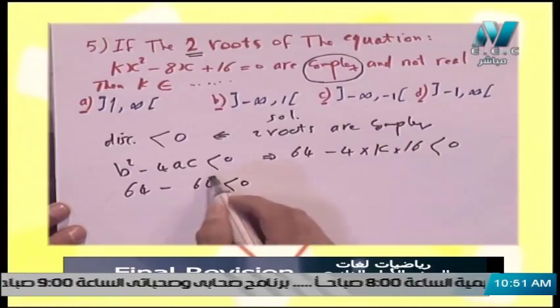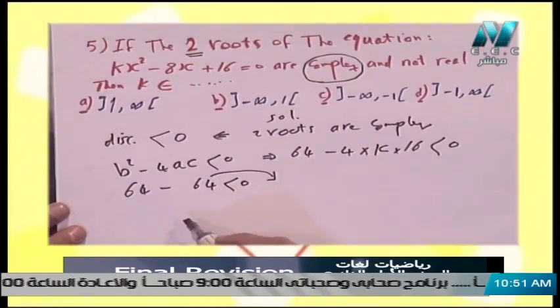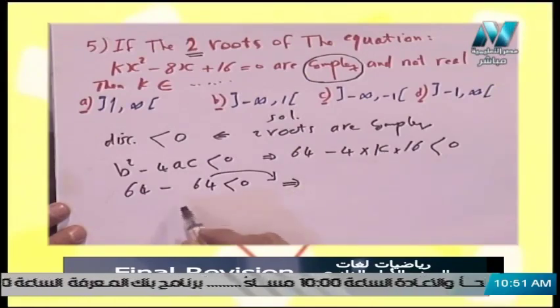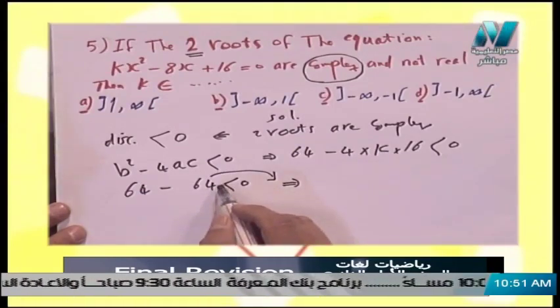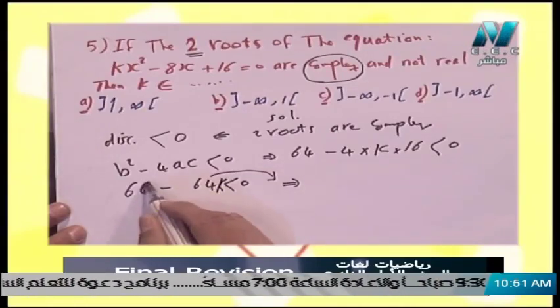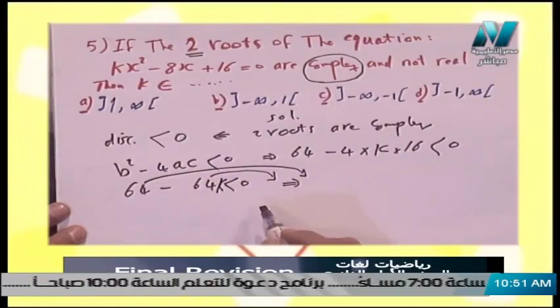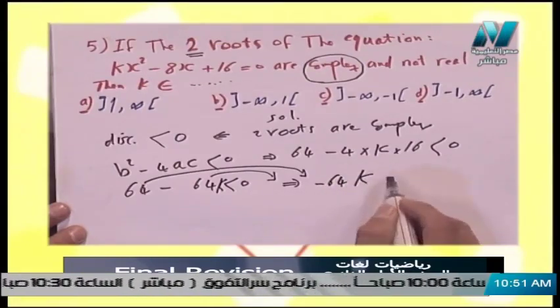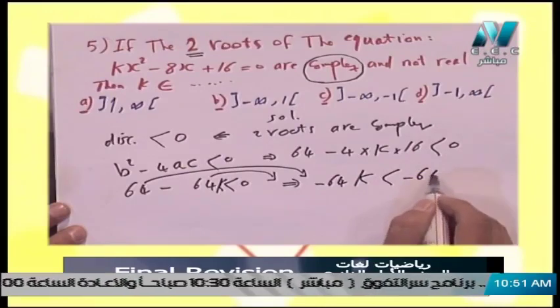So transfer here negative 64 by 64. So okay, we have here k also. Transfer this one to another side. So negative 64k less than negative 64.